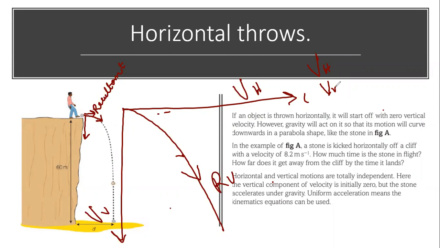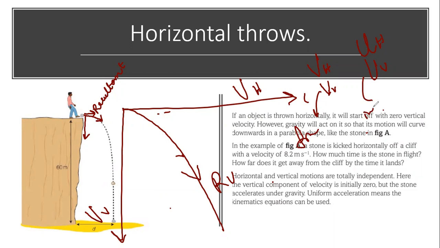Now, when we talk about velocity, you have final velocity and initial velocity. Initial velocity is often written as UH, the horizontal component of the initial velocity, and UV would be the vertical component of the initial velocity. So this is for final and this is for initial.